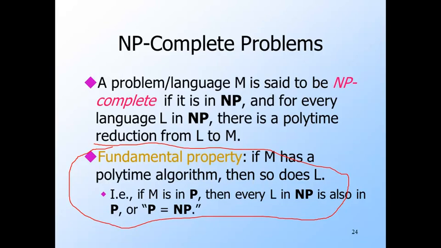Karp used only polytime reductions from the problem Cook had proved NP complete. Since then, it is generally accepted that the preferred definition of NP completeness is the one we gave here, the existence of polytime reductions. To make the distinction, this notion of NP completeness is often called Karp completeness.